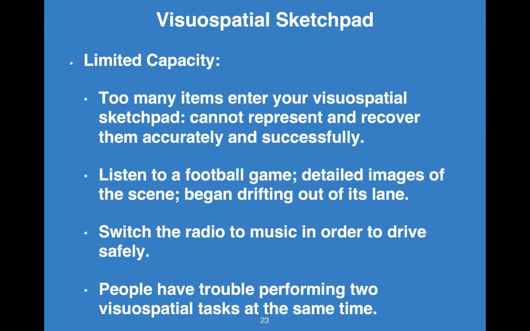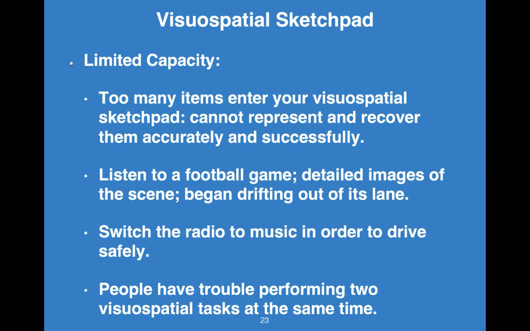The Visuospatial Sketchpad has limited capacity, because when too many items enter it, you cannot represent them accurately enough to recover them successfully. Just look around your place right now.